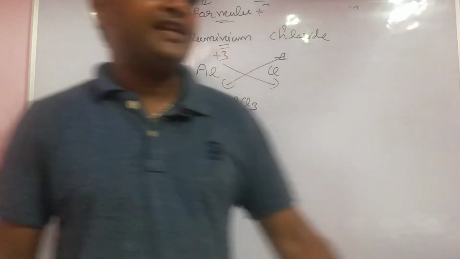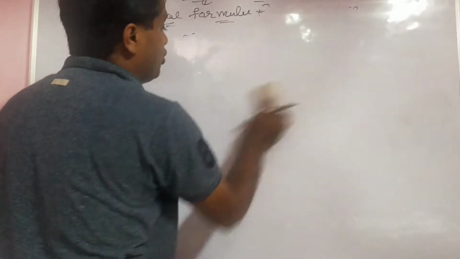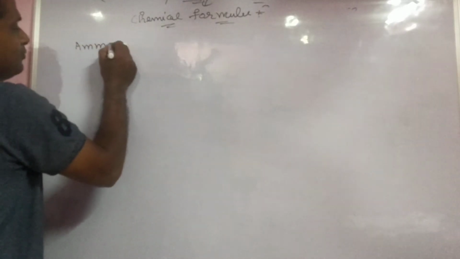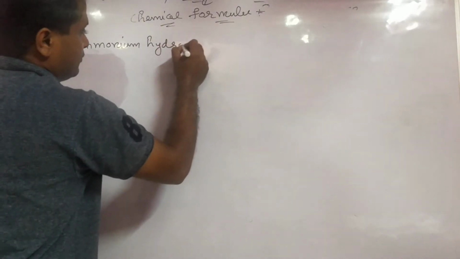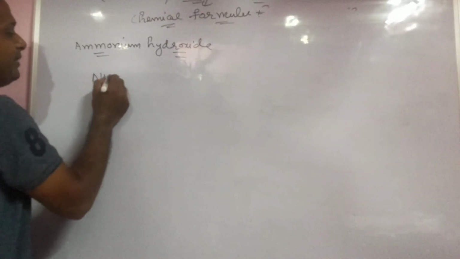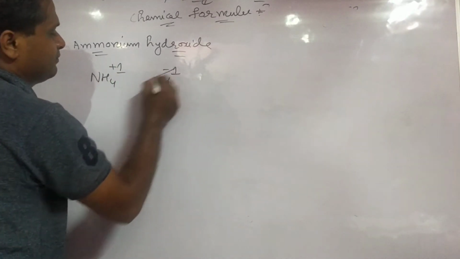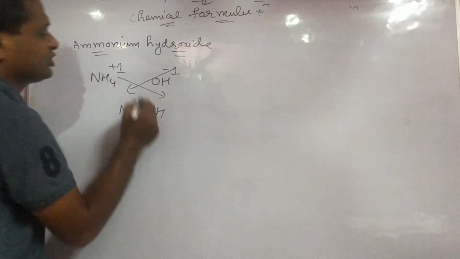Another, yes, any another? Ammonium hydroxide. See there, ammonium hydroxide. Yes, ammonium hydroxide. You know ammonium ion NH4 1 positive, hydroxide OH1 negative. That is a NH4OH. This is a crisscross method.